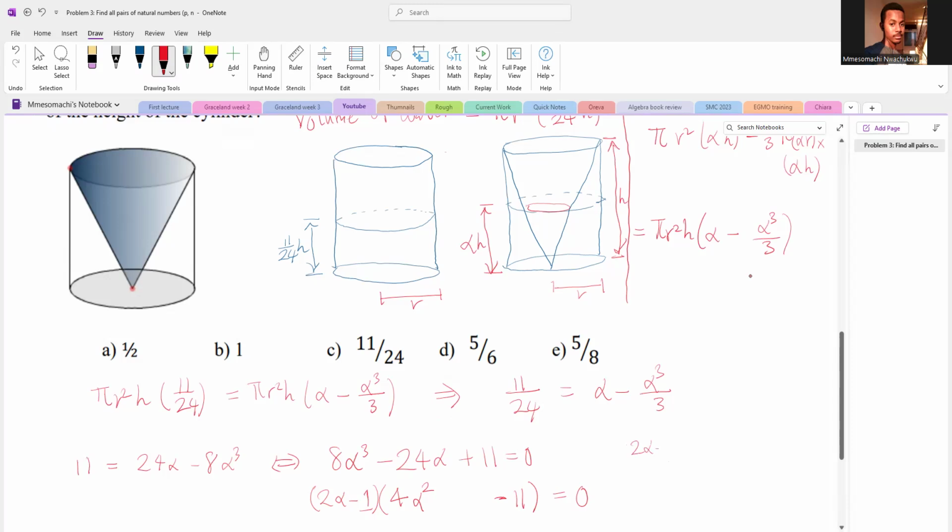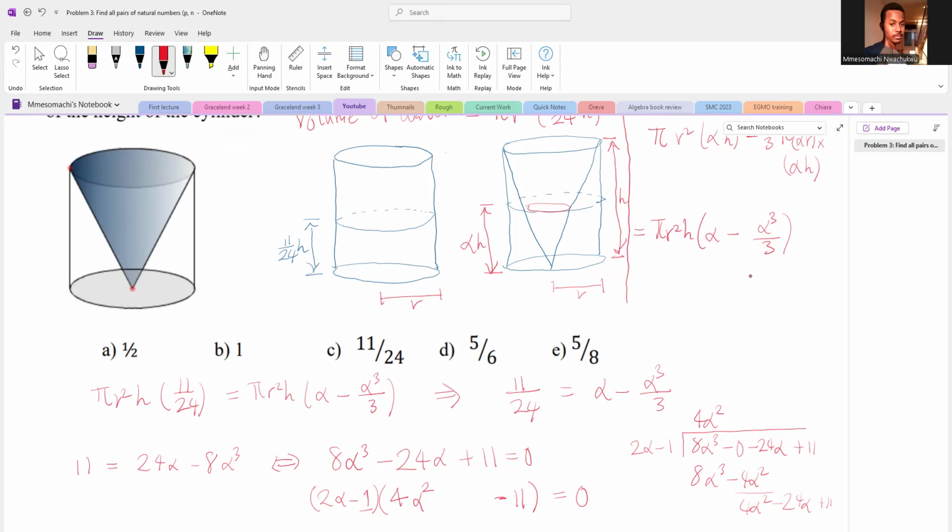2 alpha minus 1 into 8 alpha cube minus 0 minus 24 alpha plus 11. Okay, so we have 4 alpha squared. 8 alpha cube minus 4 alpha squared. This is going to be 4 alpha squared minus 24 alpha plus 11.